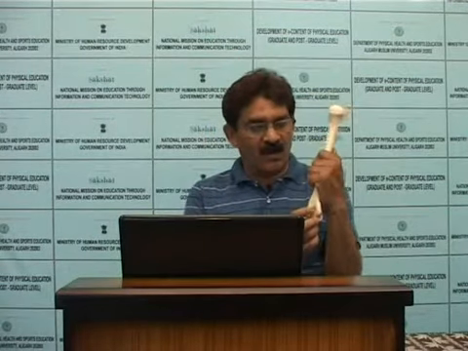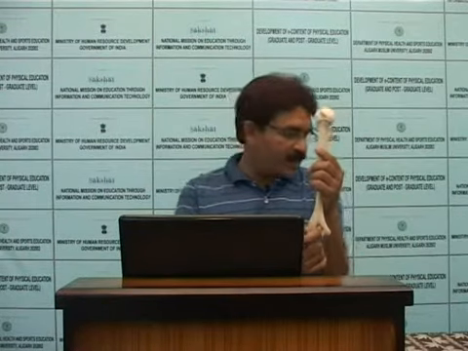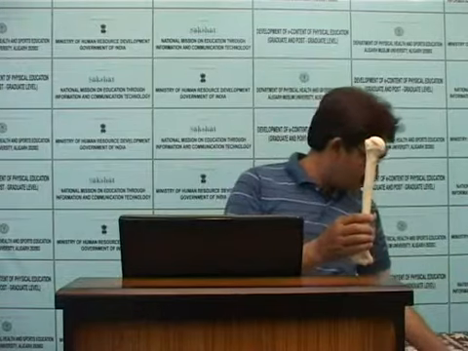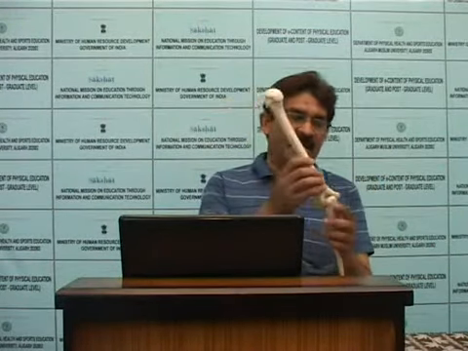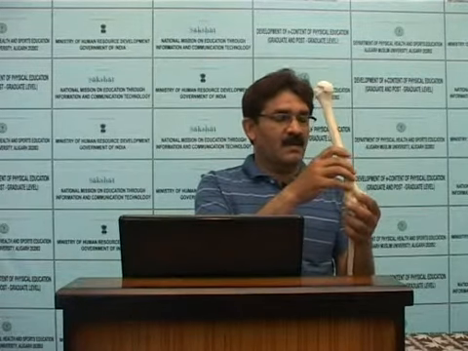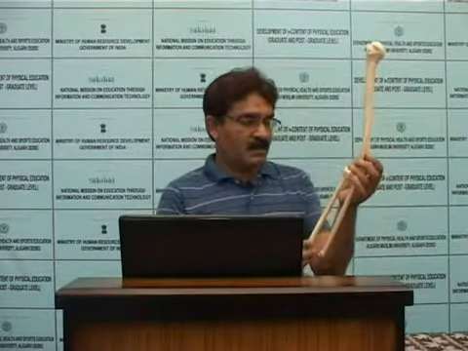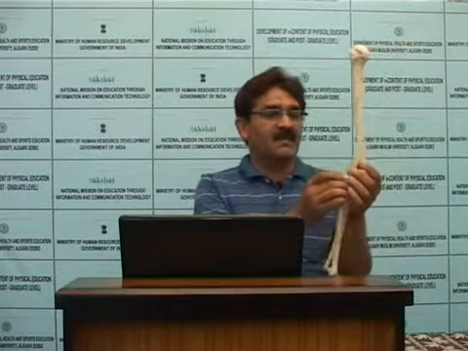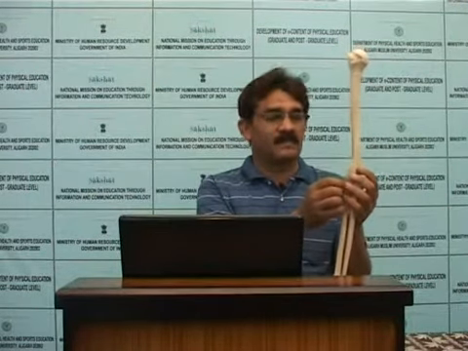In this lower end, the olecranon process is here, in which the ulna is attached on the inner side, and the radius is attached on the outer side of the bone.